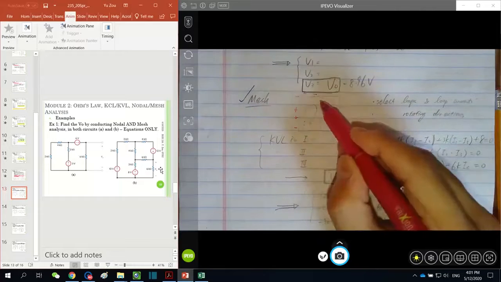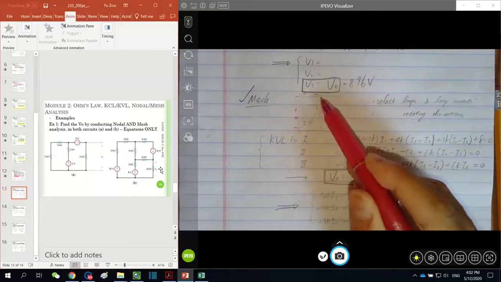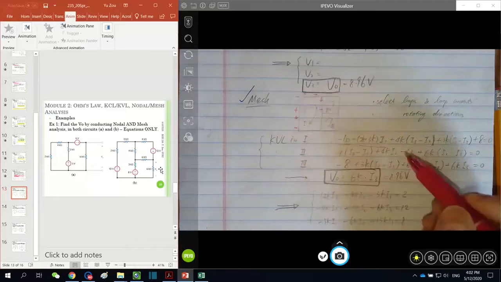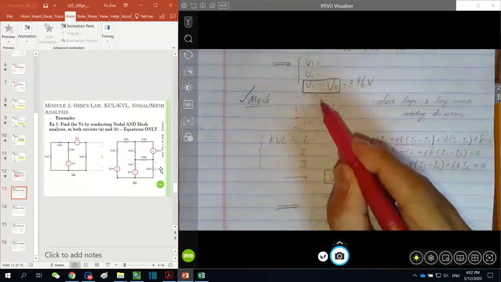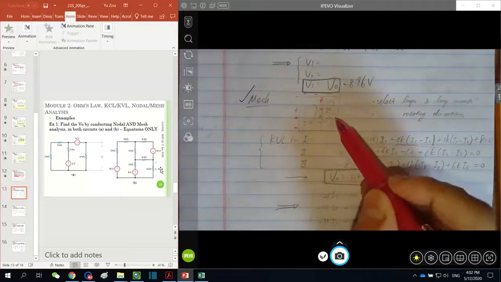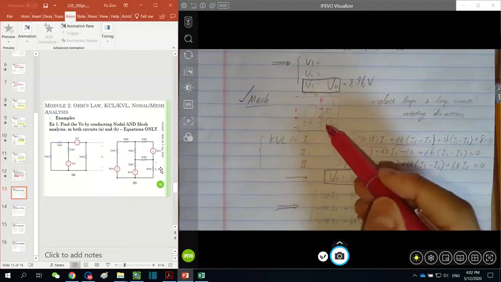And then the 4K here has 2 currents flowing through. One is downwards I1 and the other is upward I2. Therefore 4K times (I1 minus I2) with this polarity. And then you have 3K down here. Again, you have 2 currents flowing through, downwards I1 and upward I3.